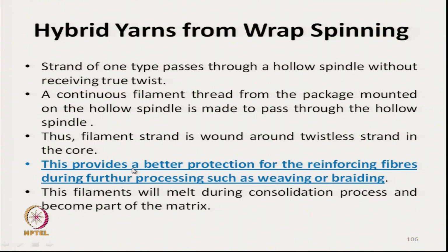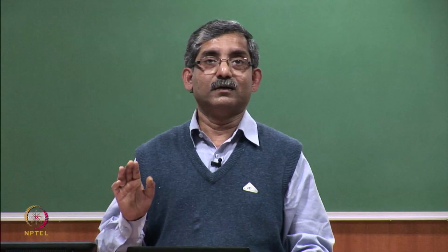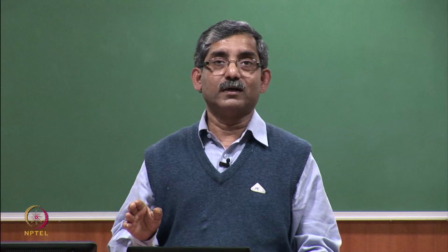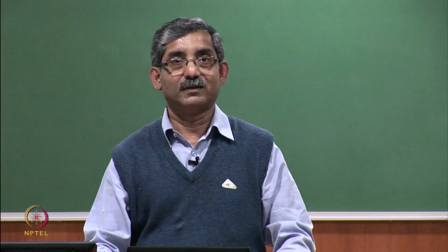So, during the further process, the carbon filament is protected by the wrapped polypropylene filament in the weaving or braiding, so that they do not come directly in contact with the machine component, and also the core component remains twistless.